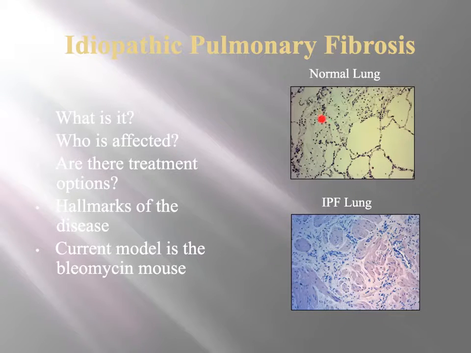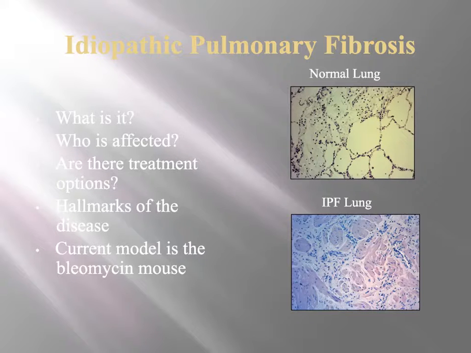So over here you can see a section of normal lung, and right here you can see the open areas that allow gas exchange to occur in the lung. Now in the IPF lung here, you see that the normal lung architecture has been crushed, and you see these areas of what are called fibrotic foci, which contain the myofibroblasts.